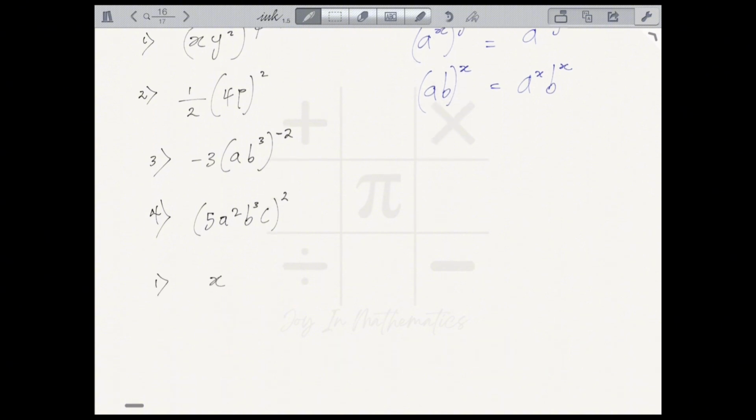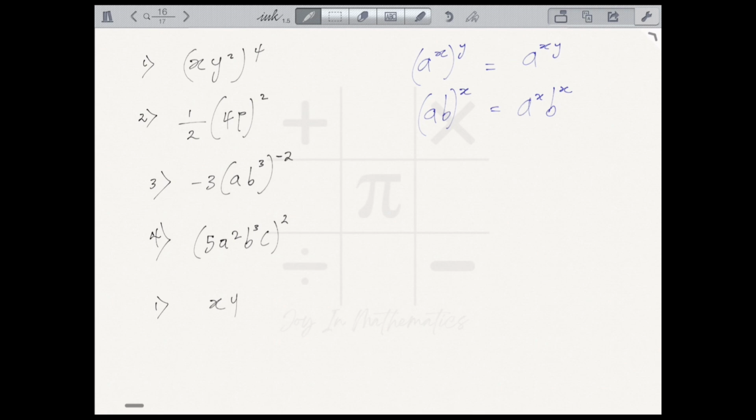We're given (xy^2)^4. Now we will consider this second principle, an extension of the product law, and say that x in this case is a and y squared in this case is b.